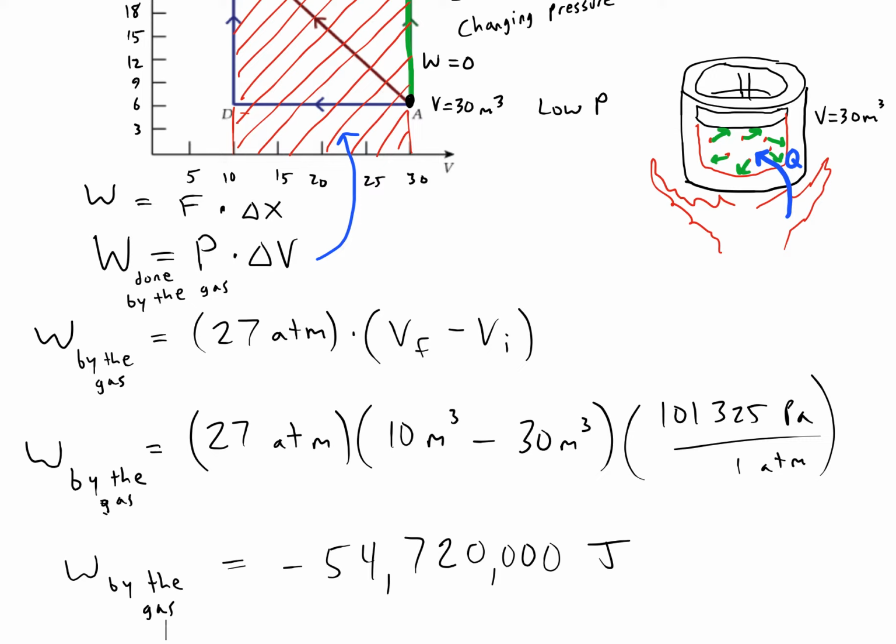And so whenever you apply a force in one direction, but the object doesn't go in the direction that you're pushing, then you've done negative work. And so that's what's happening here with the gas particles: they are doing negative work because they are being compressed. So instead of having energy flow out, energy would be flowing into the gas. Okay, now in this particular case, that energy does not result in a change in pressure.